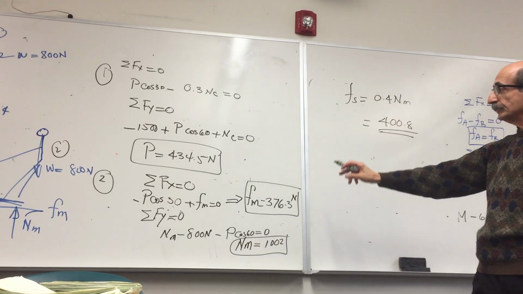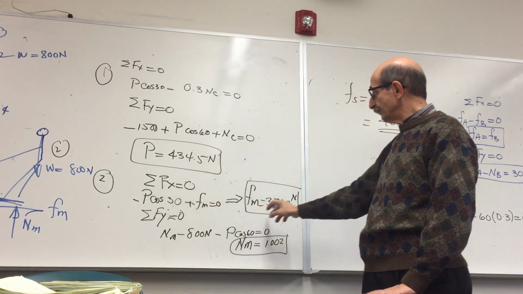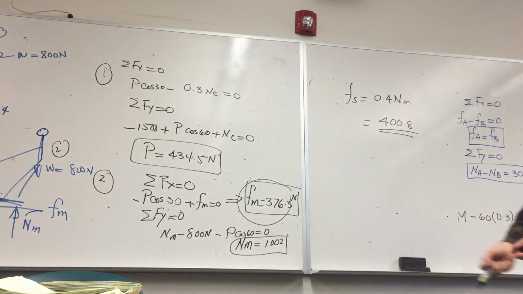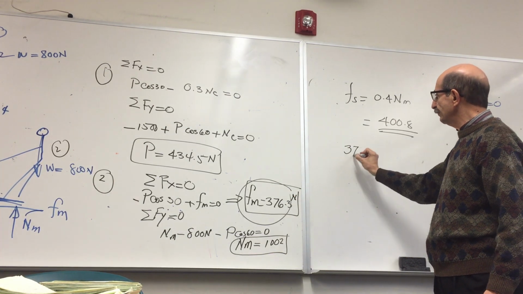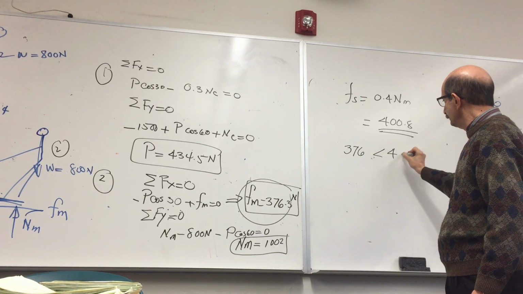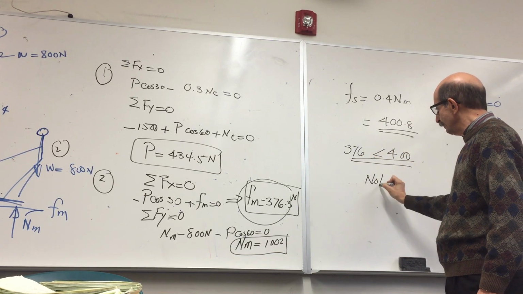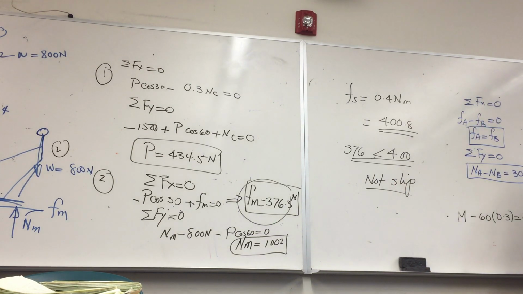So the friction force is 400.8. But what is f of m, the friction force that is generated as a result of this guy pulling this? Only 376. So 376 is less than 400, so the guy is not going to slip or slide or whatever, because his shoes are not going to generate that much force to overcome the maximum force of friction.